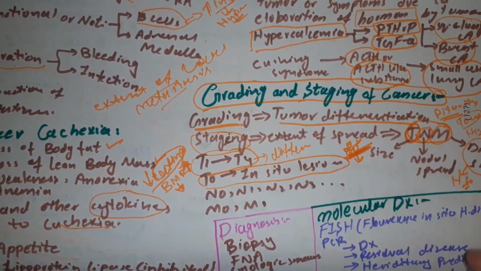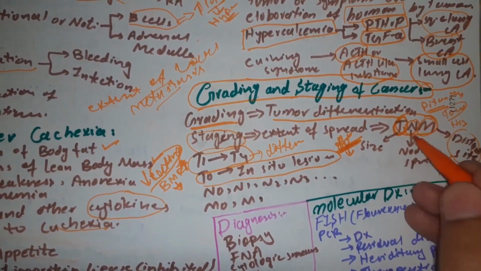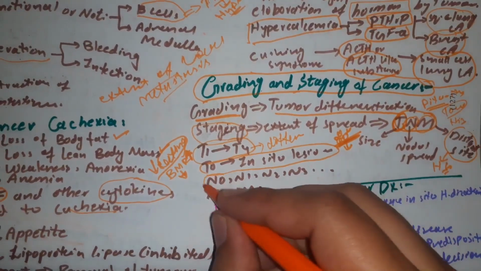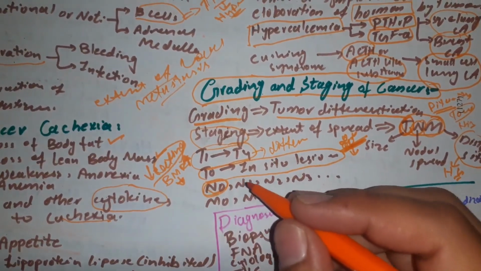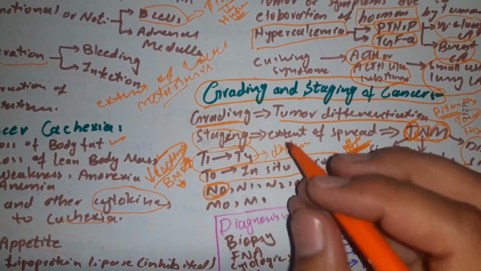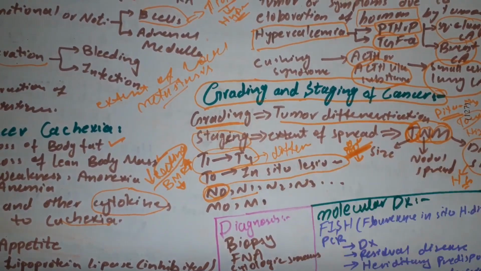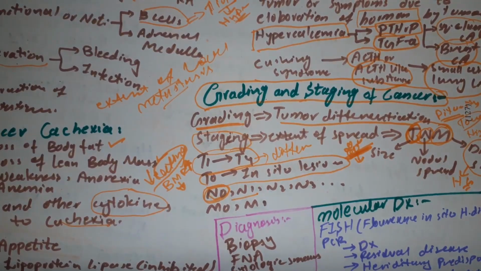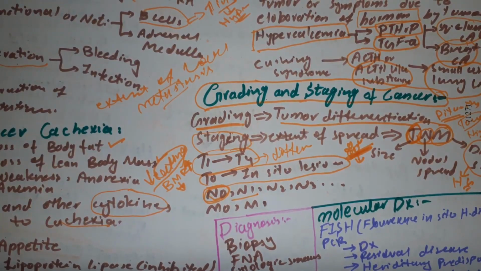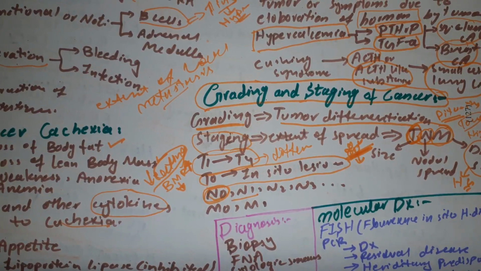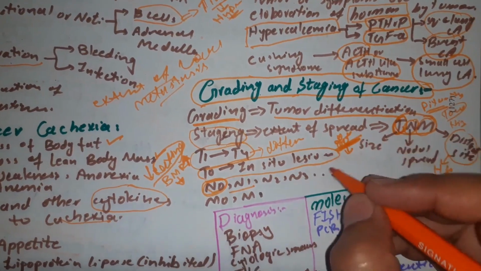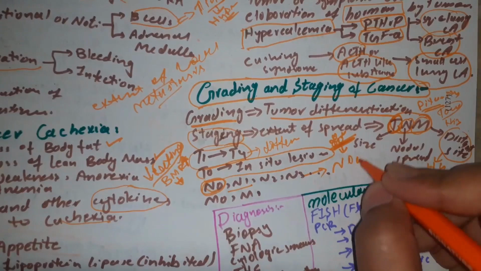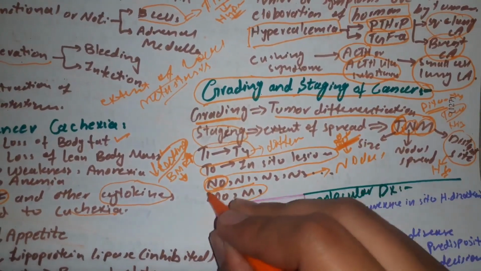N can be N0, 1, 2, 3, and so on. N0 signifies there is no lymph node involved, or cancer cells have not moved to any lymph node. N1 shows the lymph nodal involvement has occurred to one set of lymph node, and then N2 another set of lymph node, N3, and so on. So N1, 2, 3 shows the extent of nodal spread. And M0 and M1 shows distant metastasis.